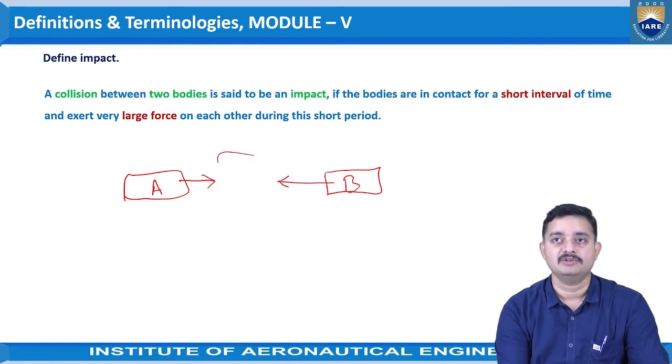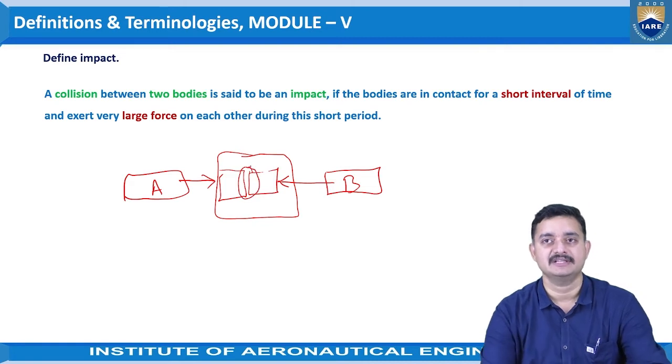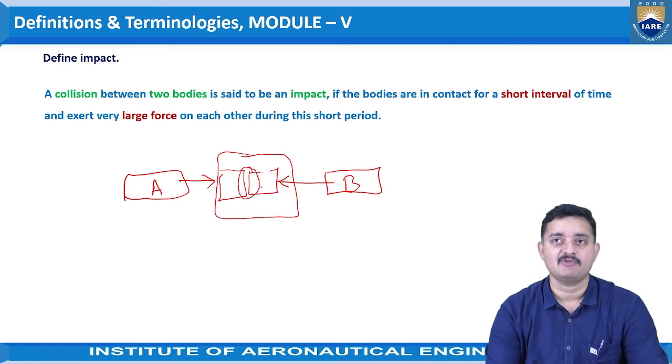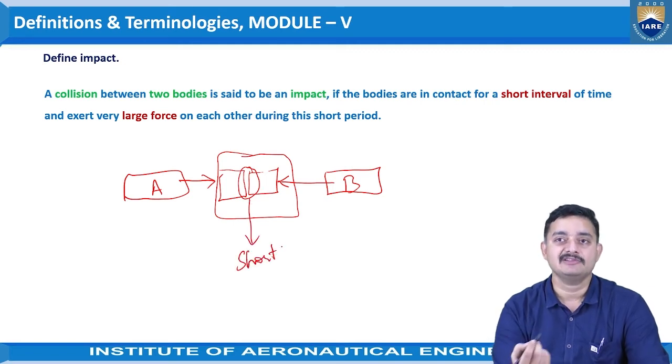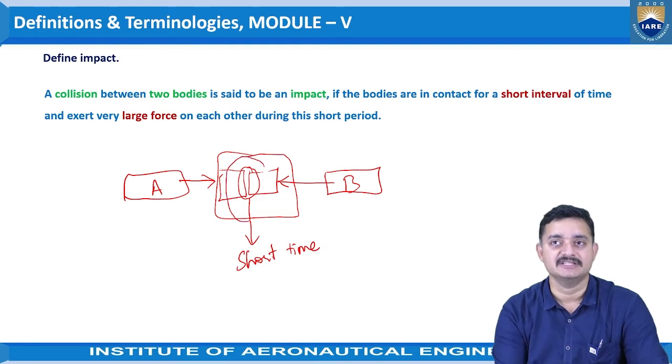When they both come and get collided at a point, both get into contact with each other and collide here. Here, for a very, very short interval of time, maybe 1/10 of a second, or 1/5 of a second, they are in contact with each other.